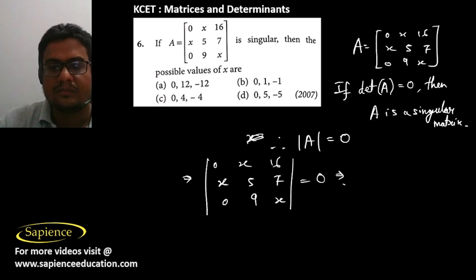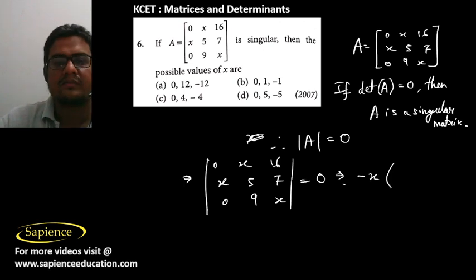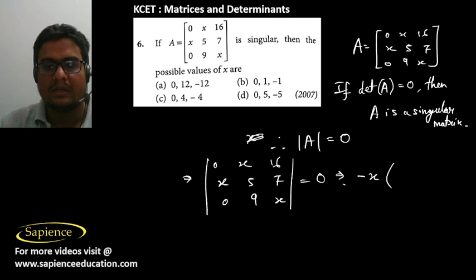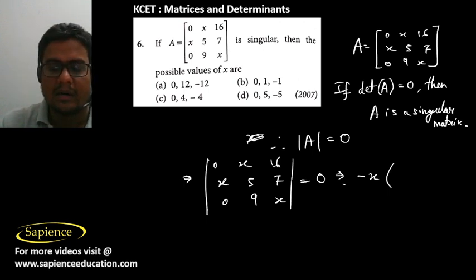So it will be minus x into the determinant of the remaining part, after we exclude the first column and the second row. That is x square minus 16 into 9, 9 6s are 54, that is 144, that is equal to 0.